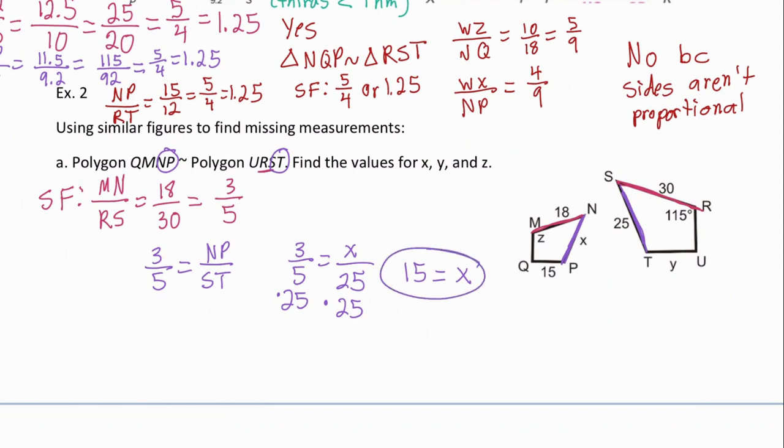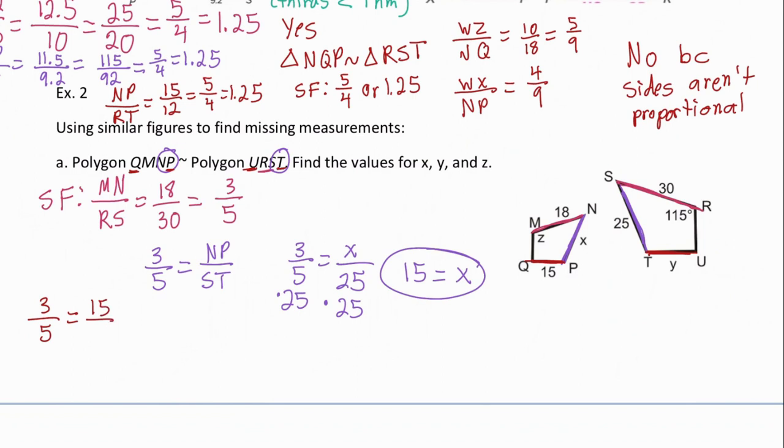And then we can go ahead and do the same thing for Y. So again, we should see here, okay, Y is TU. TU is going to correspond with PQ. So PQ, so this side right here. So we would say, okay, again, that ratio is the smaller to the larger. So we do have to be careful there because this time we need our smaller to be 15.